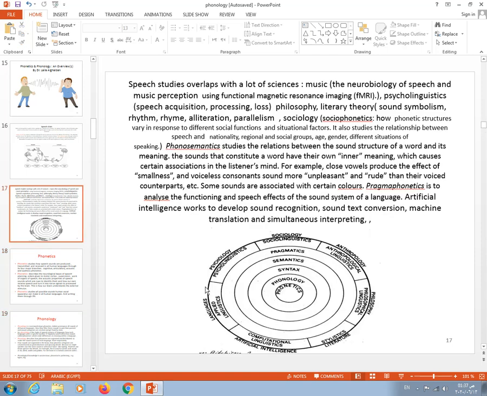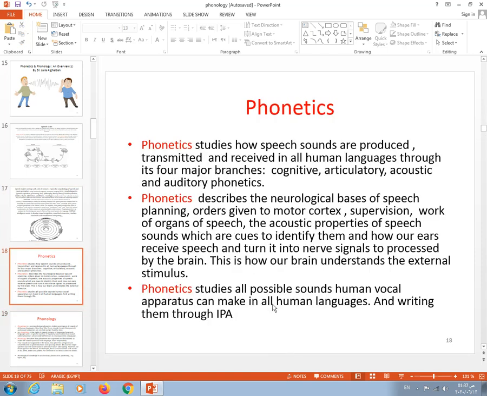Phonetics also studies all possible sounds the human vocal apparatus can make in all human languages, and phoneticians try to write symbols to describe or represent these sounds that are there in most of the human languages they studied.